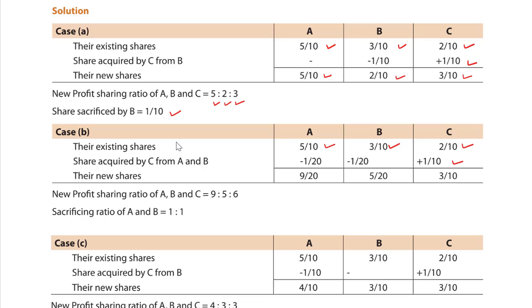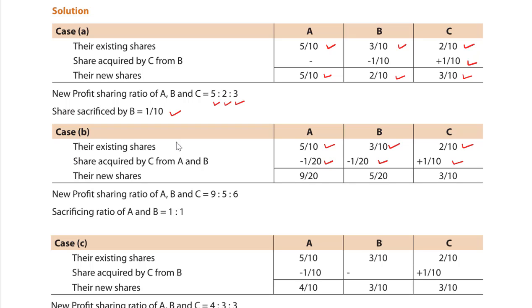C's gain is 1 by 10. 1 by 10 multiplied by 1 by 2 is 1 by 20, which is B's sacrifice and A's sacrifice. So the share acquired by C from A and B is 1 by 20, 1 by 20.